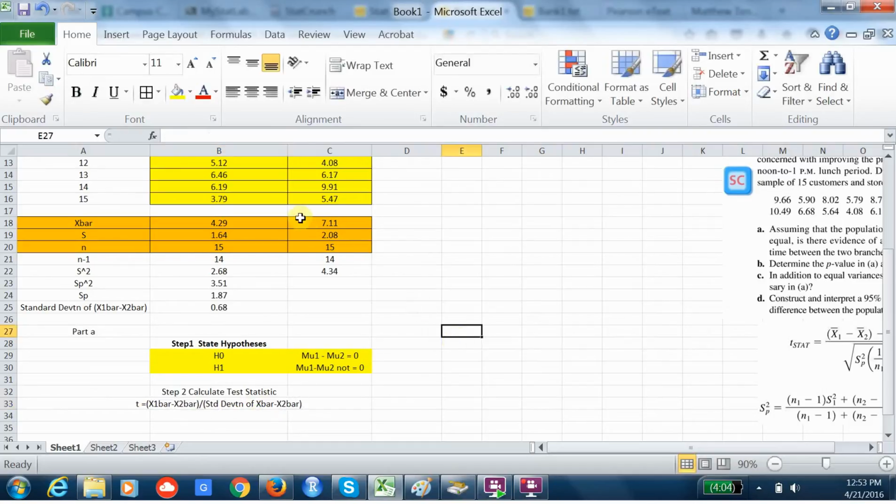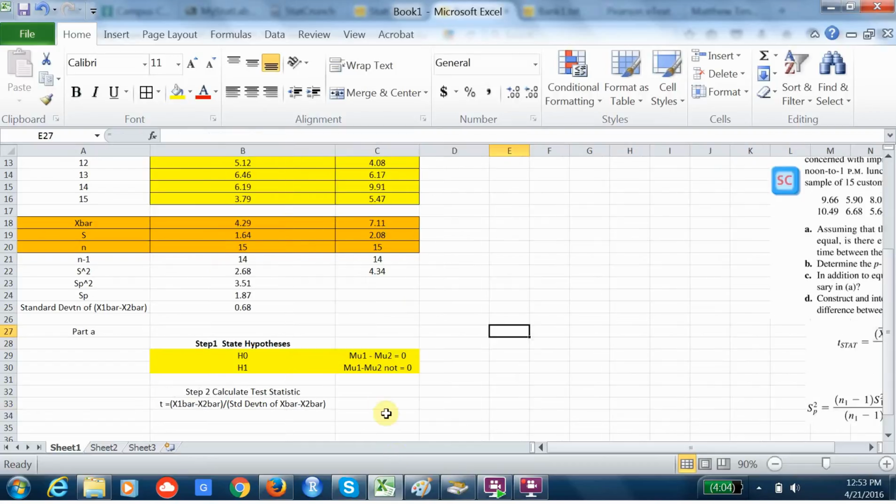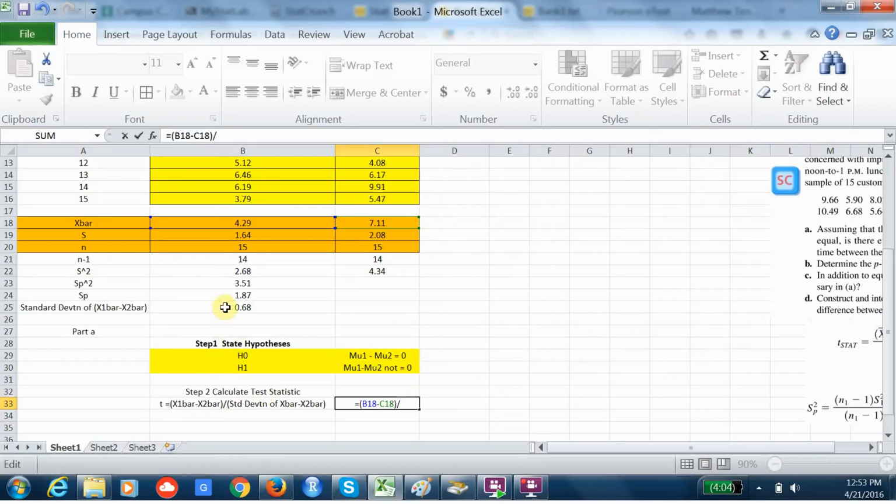Okay, so let's go ahead and compute what that's going to be. That's going to be equal to x1 bar minus x2 bar, and I'm going to divide it by the standard deviation of x1 bar minus x2 bar.